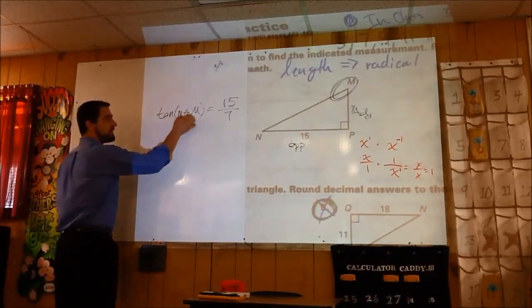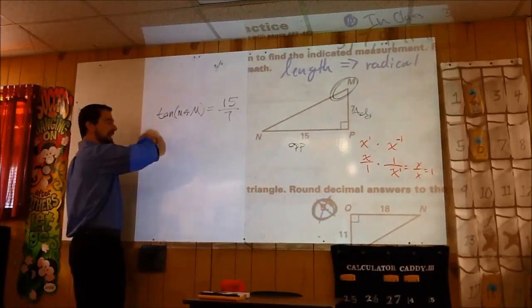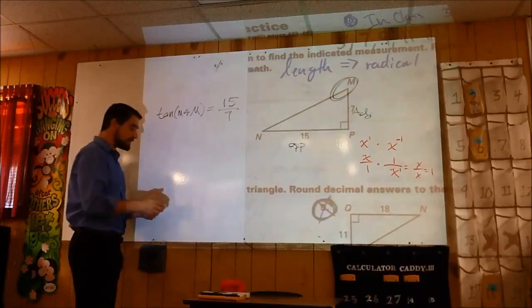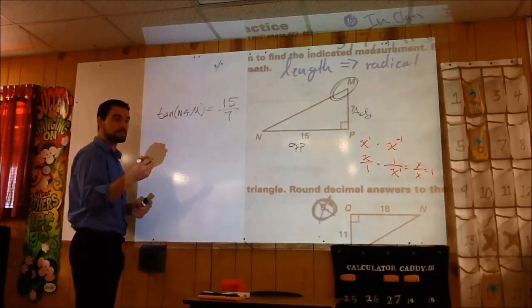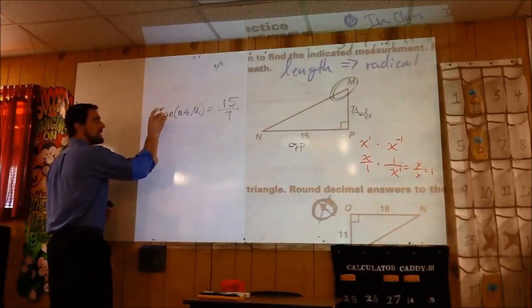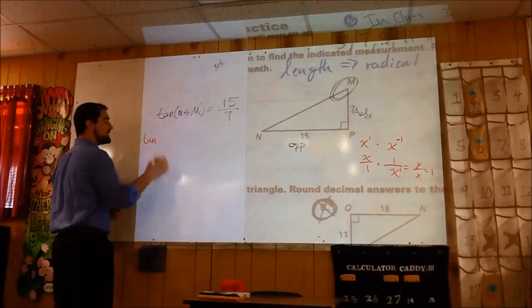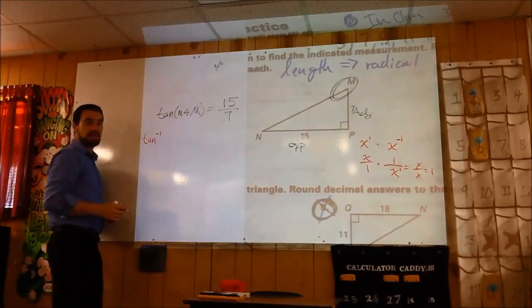So right now our variable, the thing that we don't know, what's happening to it is we're taking the tangent function of that variable. So we need to do the inverse operation to both sides of the equation. So I need to use the inverse function of tangent, and that looks like this. You write tan just like normal, but then now we add this -1.